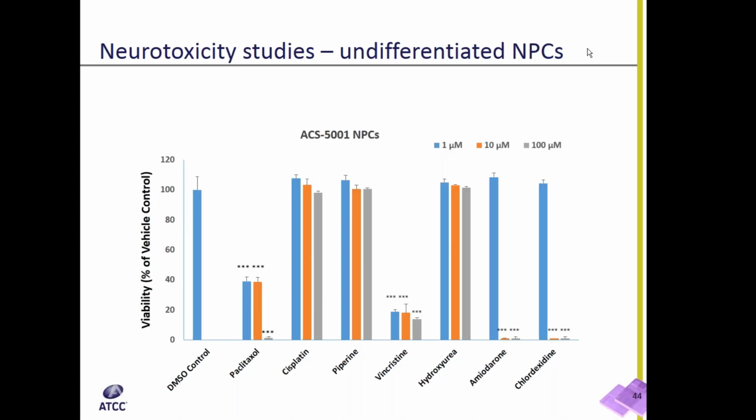We saw fairly similar trends in the undifferentiated Parkinson's disease neural progenitor cells. These cells were resistant to cisplatin, piperine, and to all concentrations of hydroxyurea. They were sensitive at all concentrations to paclitaxel and vincristine. They also displayed sensitivity to amiodarone and chlorhexidine.